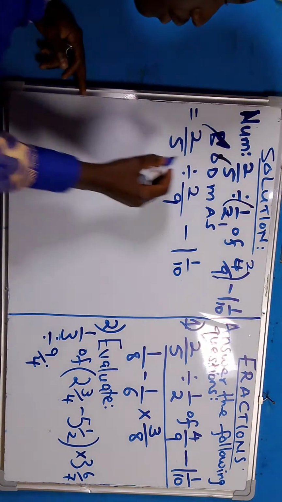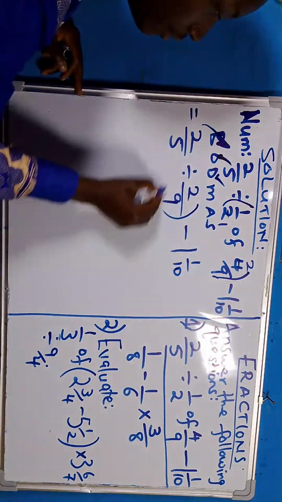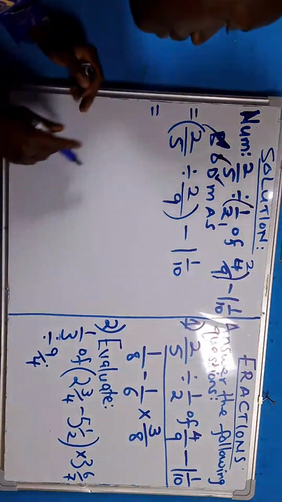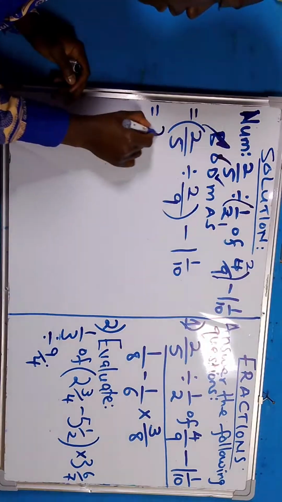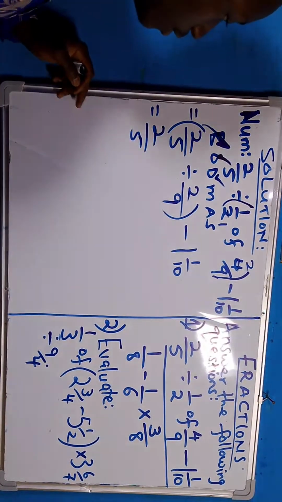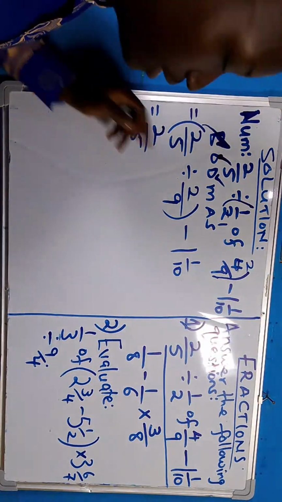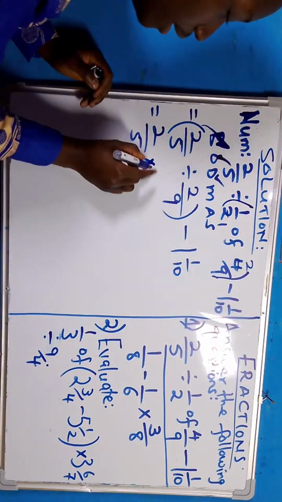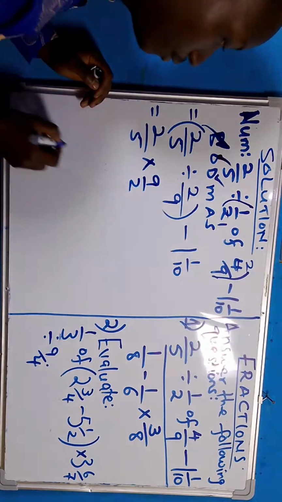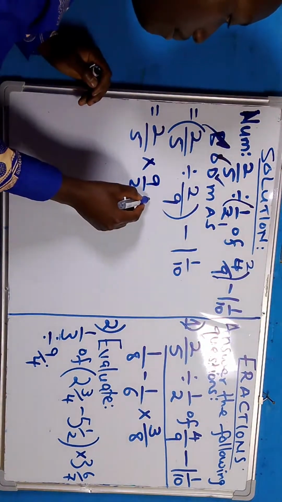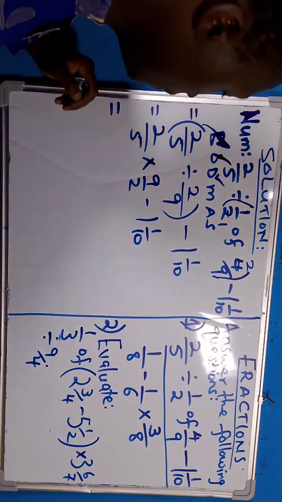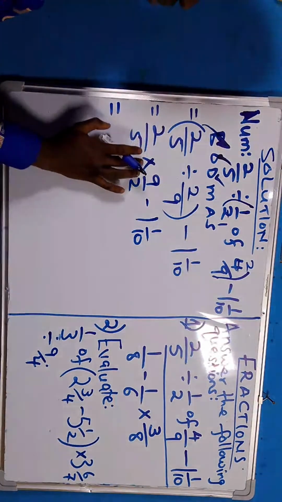Our next operation is division, and we have division here. So we are going to solve this part of division, and we will have 2 over 5. For us to divide, we change this into multiplication and take the reciprocal of 2 over 9, which is 9 over 2, minus 1 whole 1 over 10. By doing so, we will get 2 over 5 times 9 over 2.